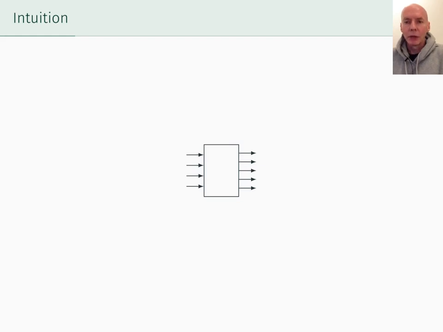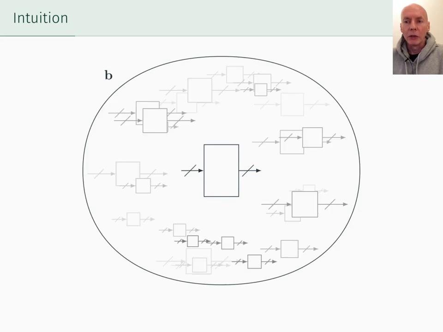And these inputs and outputs are well ordered, so it's meaningful to talk about the first input, the second input, and so on. Same with the outputs. We might draw a block like this, or if we don't want to be specific about the number of inputs and outputs, then like this. And we should picture the set B as the universe of all such blocks.